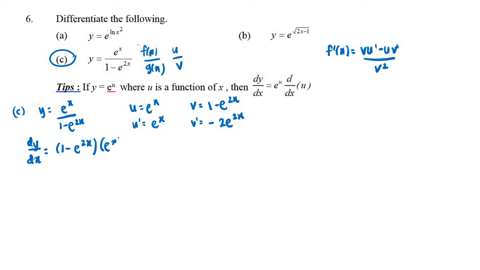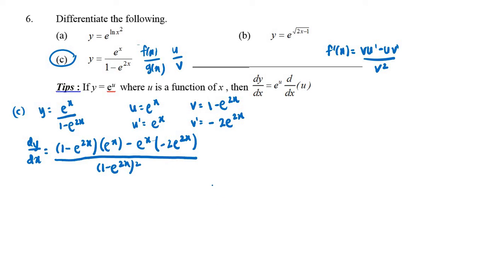Okay, so u prime is e to x, minus uv prime, so u is e to x, then v prime is negative 2e to 2x over here. Okay, and then everything divided by v squared, so v is 1 minus e to 2x, and then we take that squared.